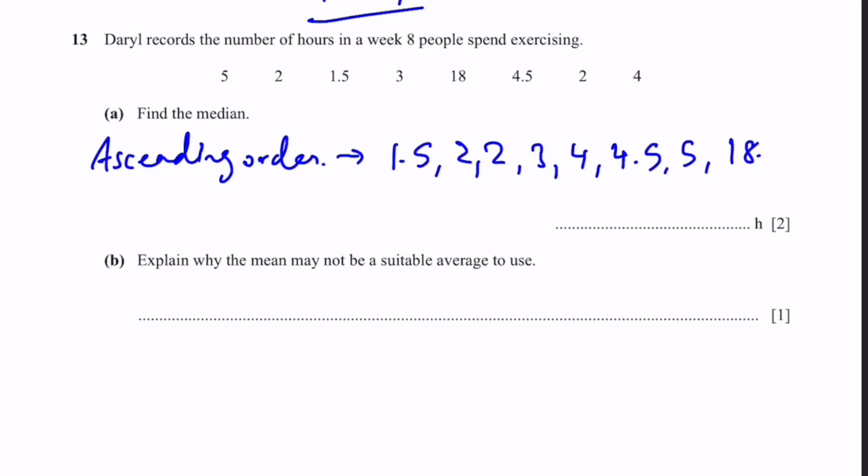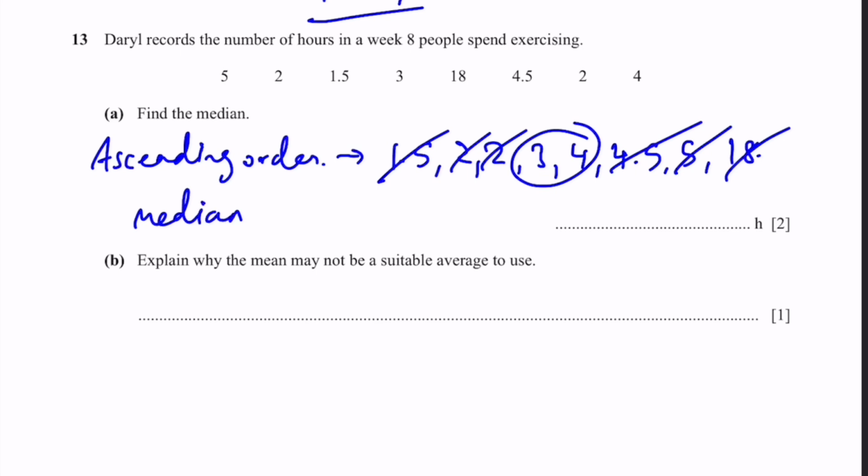So we can cancel out from the start and end like that, and we have 3 and 4 remaining. So these two are in the middle. Median is 3 plus 4 by 2, which is equal to 7 by 2, 3.5. 3.5 hours. That's the answer.